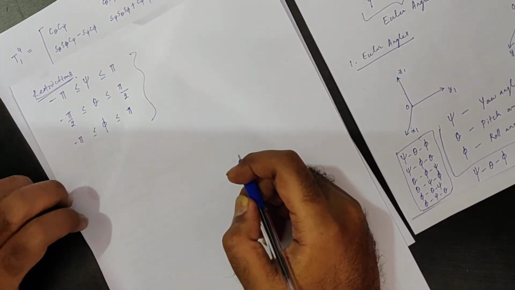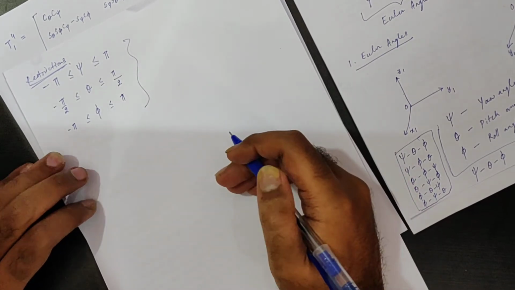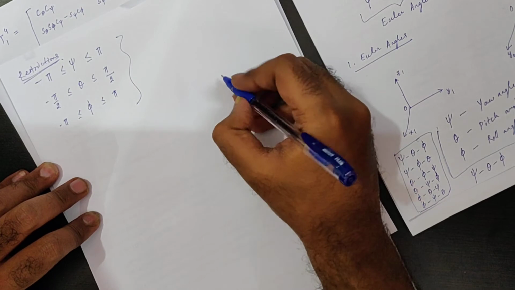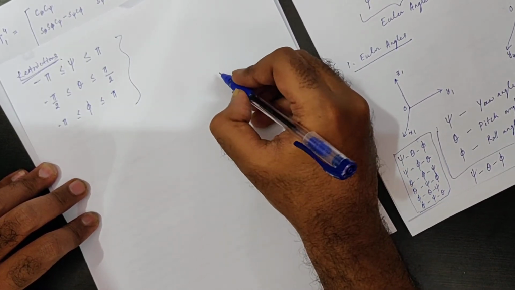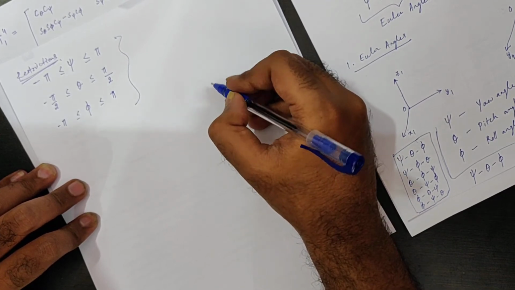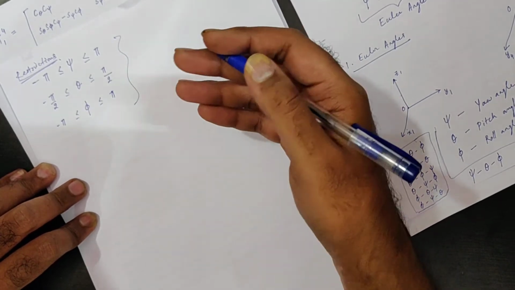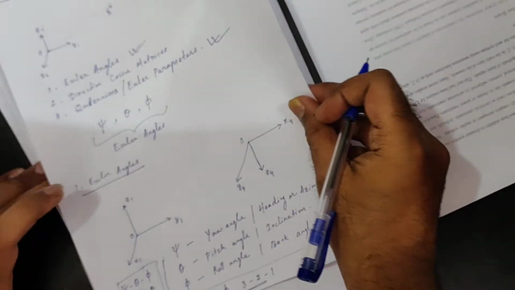So let us discuss how we perform the transformations. To do that, let us consider our axis system, as we were discussing here.